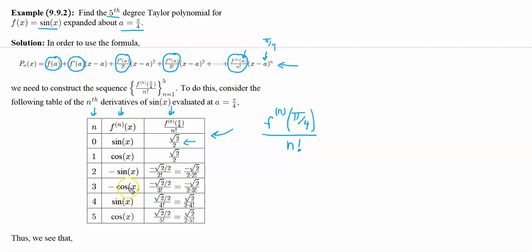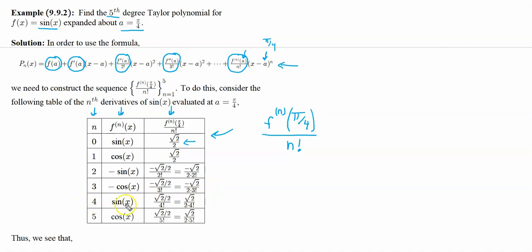Then when n is 3, putting pi over 4 in for the third derivative of f, we get negative root 2 over 2 divided by 3 factorial. And this simplifies as negative root 2 over 2 times 3 factorial, just moving the 2 into the denominator there.